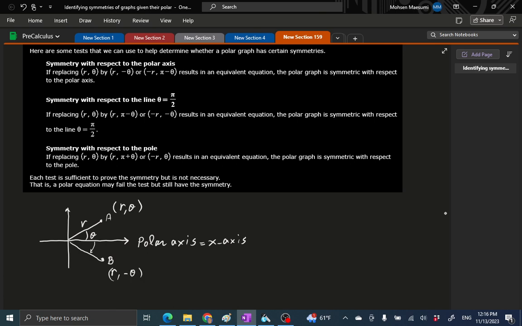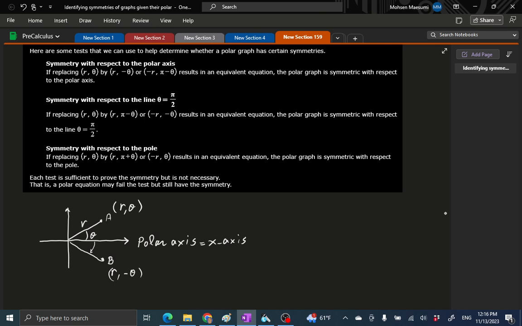If the equation is such that I replace r and theta with r and minus theta, and what I get is the equation I had to begin with, I say it is symmetric with respect to the x-axis. That is, if r and theta satisfy the equation, then r and minus theta also satisfy it.